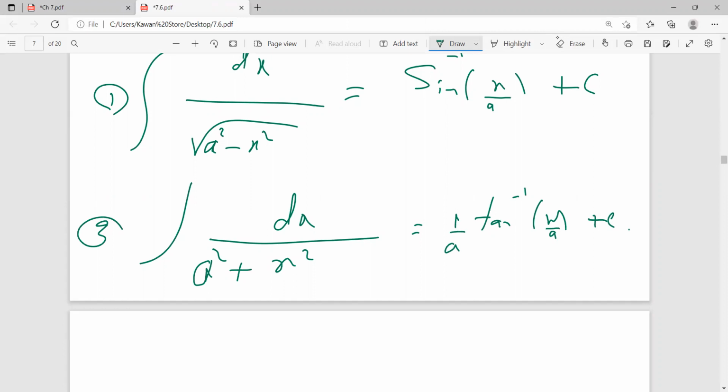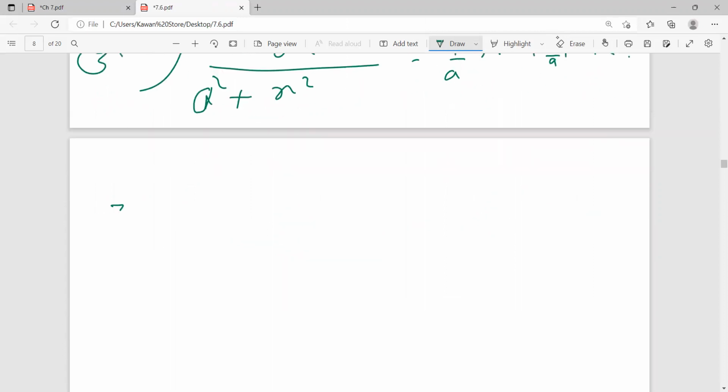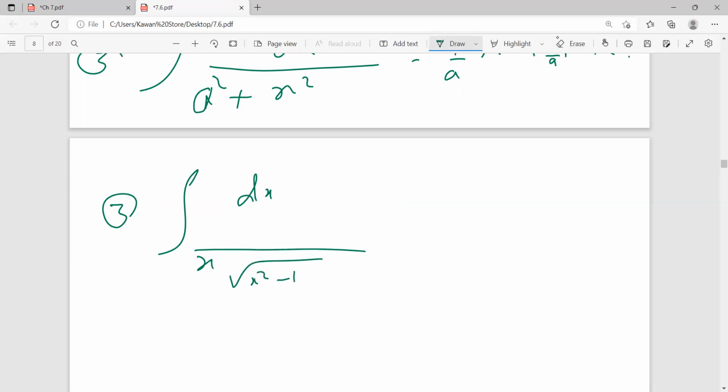Okay? So how about the second? How about this one? It is equal to what? You can say secant inverse of x plus c. If I change that one to a, the rule will be 1 over a, secant inverse of x over a.